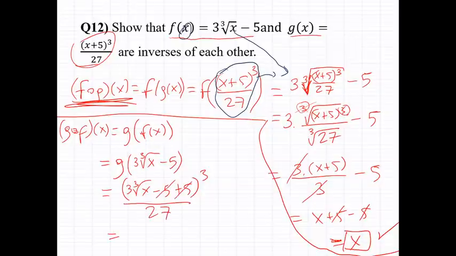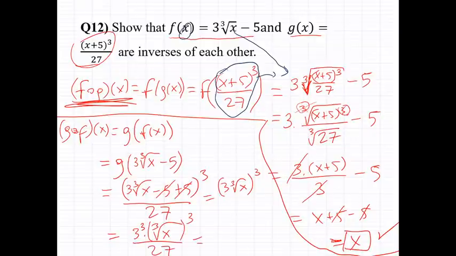Now there you will see the cancellation, and this is 3 cubed. Well, this is 3 cube root of x cubed, and this will give you 3 cubed times cube root of x.